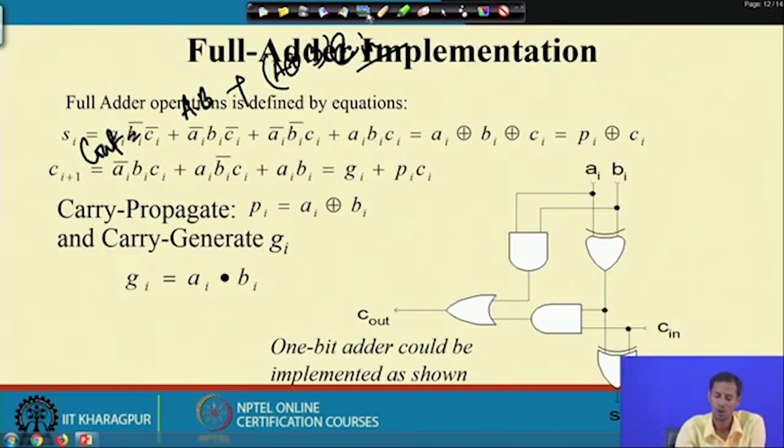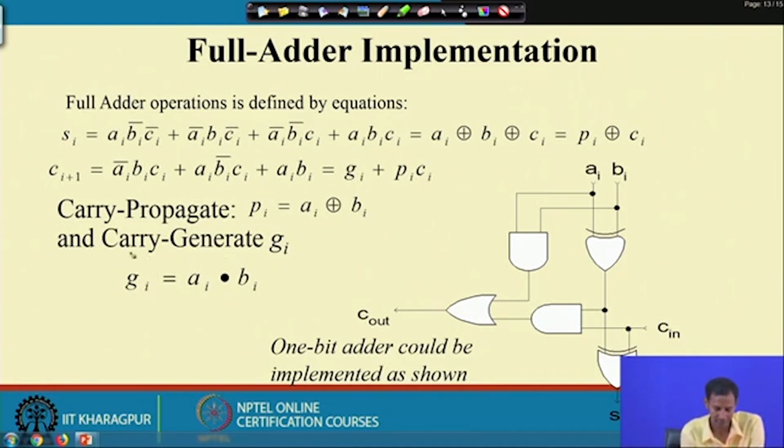Okay. So, if I come to this particular logic, for carry generation I am considering Gi equals Ai and Bi. For carry propagation, Pi equals Ai XOR Bi. So, now I can write this C out as a function of Gi plus Pi into Ci, where Ci is the input. So, now this is the corresponding gate level implementation of this particular function.